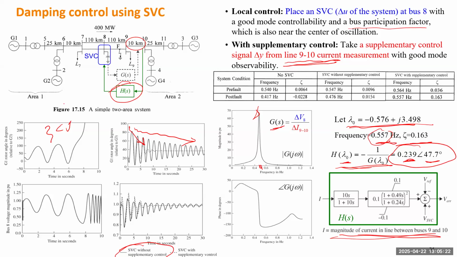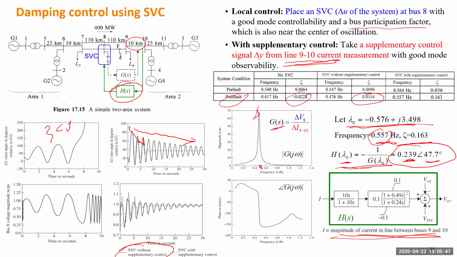Okay. So in this table, it gives you the frequency and damping ratios with or without the control. If there's no control, the damping ratio after the fault will be negative. Okay. And if you place SVC but without connecting to that remote signal, the damping ratio will be positive.